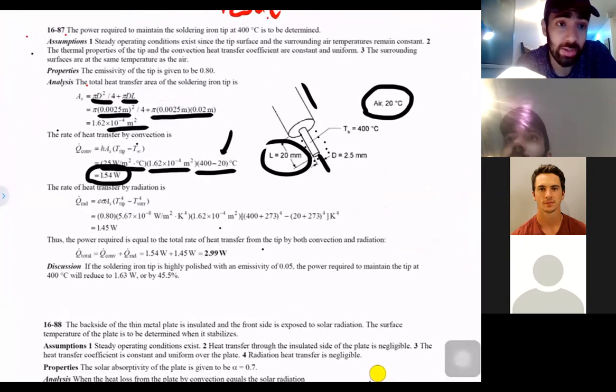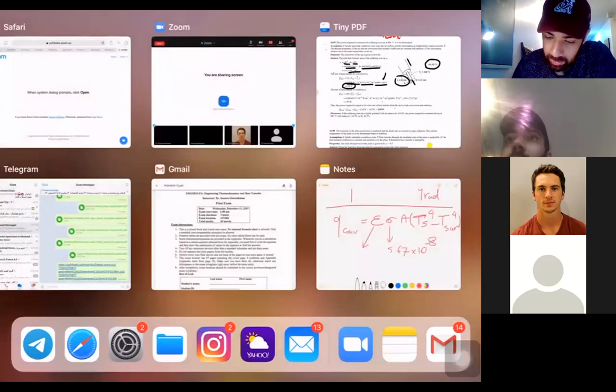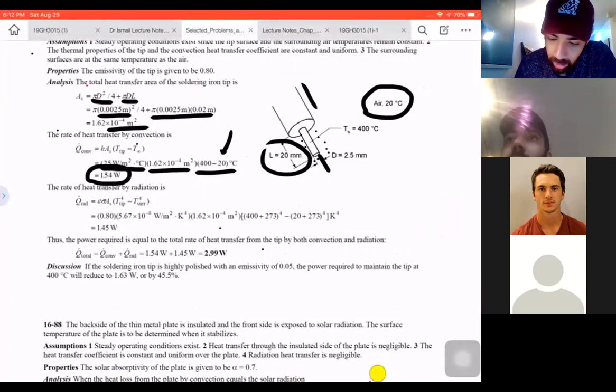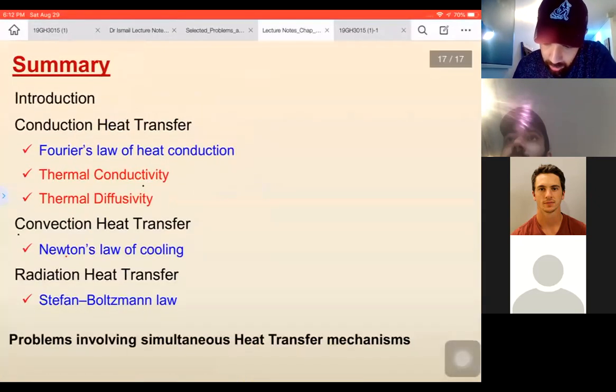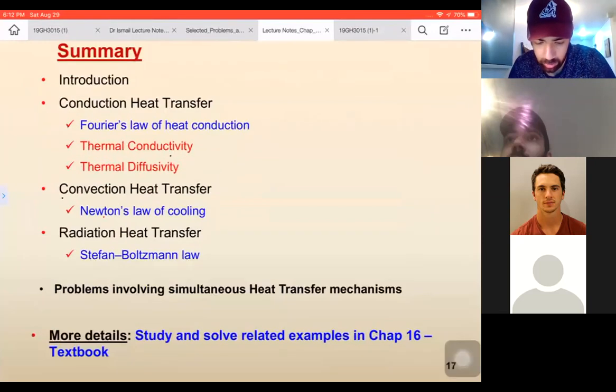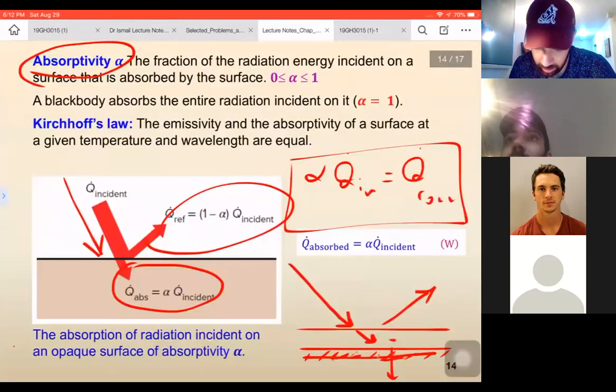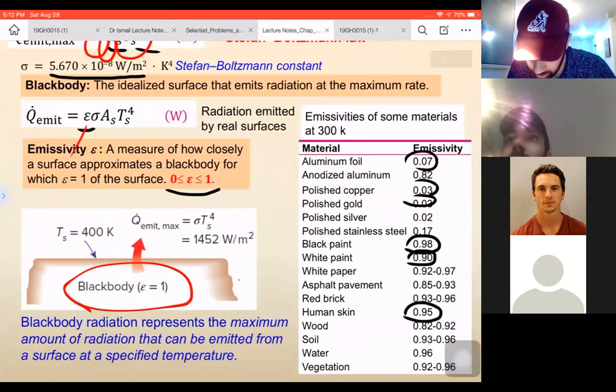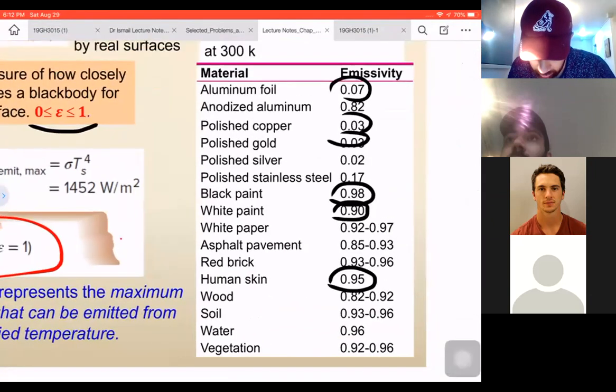Since it is telling us it is an iron tip, you will go and see what the amount is for iron. I think we had it in our slides here. As you see, for iron, no, it is not covered here.